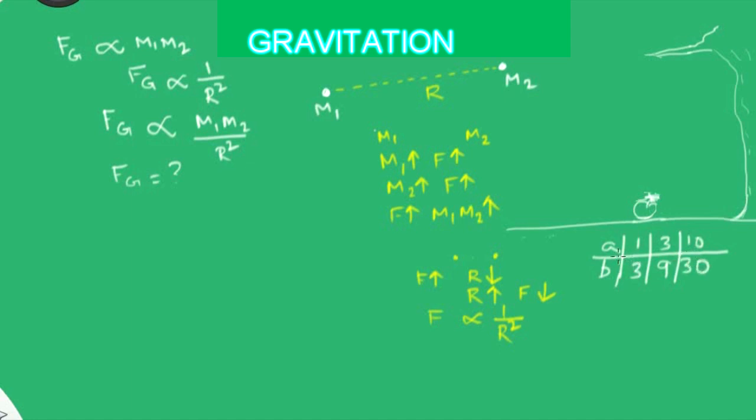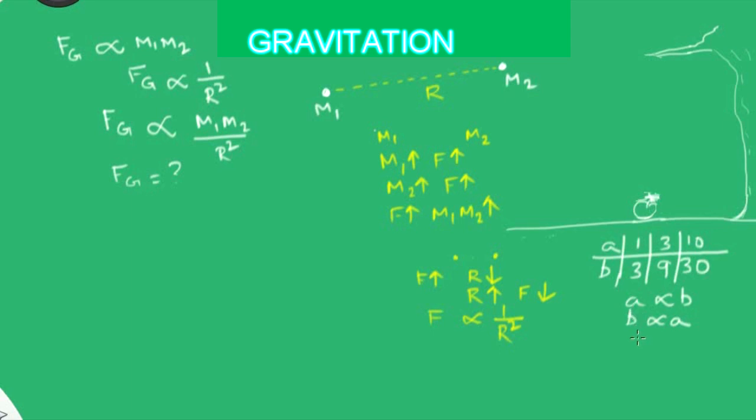I can see that whenever A increases, B also increases. So that means A is proportional to B, or I can say B is proportional to A. That gives a good intuition that one follows the other.